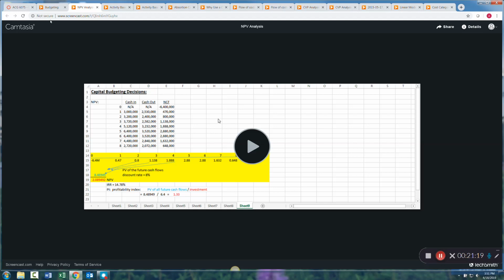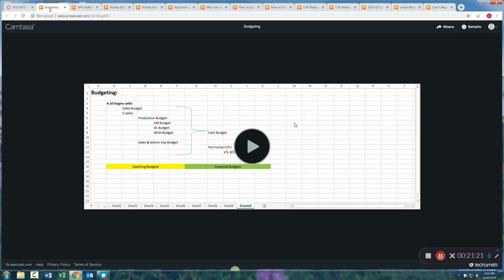And then finally, we discussed budgeting, with respect to all the items that we talked about, including the production budget for direct materials, direct labor, overhead, sales and administrative expenses. But the key for you to remember is that all these budgets are dependent on our sales estimate.